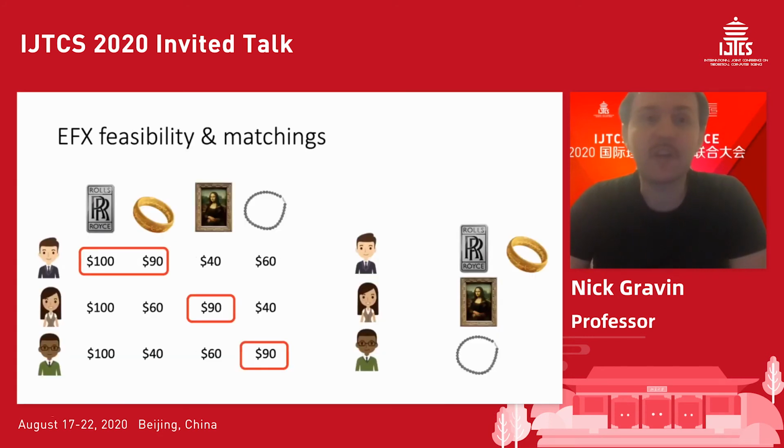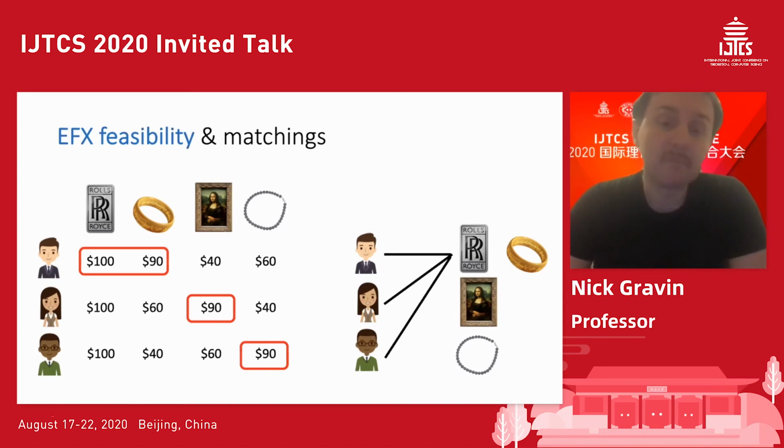So let me illustrate some of the concepts like EFX, feasibility, and matching. Let's say we start with our favorite example of 3 agents and 4 items. This allocation actually maximizes Nash welfare. So we have 3 bundles and 3 agents: the bundle of Rolls-Royce and ring, painting, and necklace.